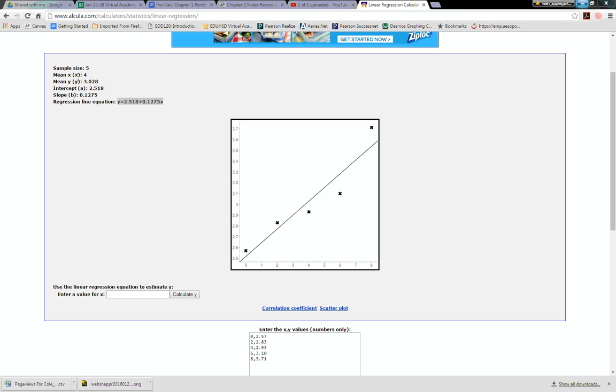So when I do that on my calculator, we get 2.518 plus 0.1275 times 27. And I get $5.96 as the cost of milk.